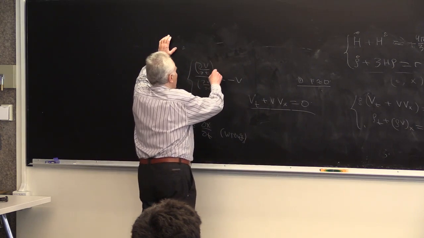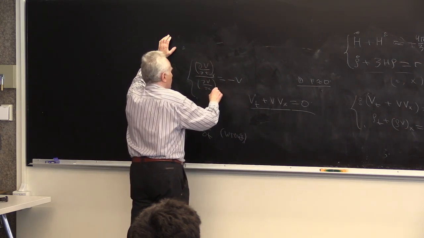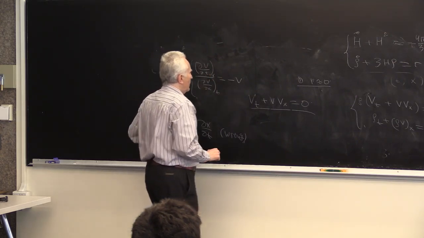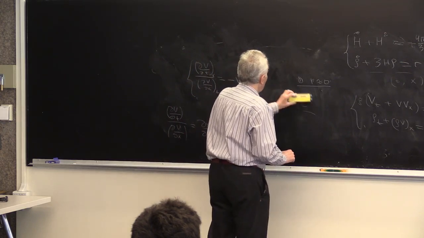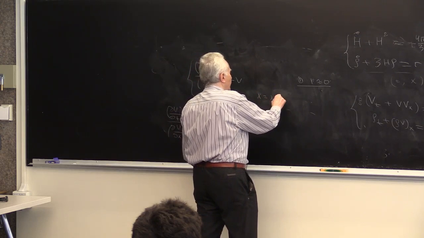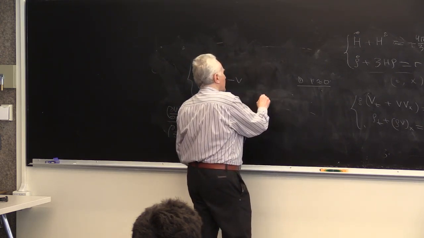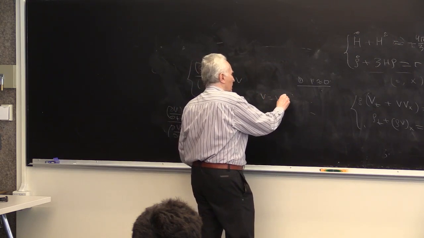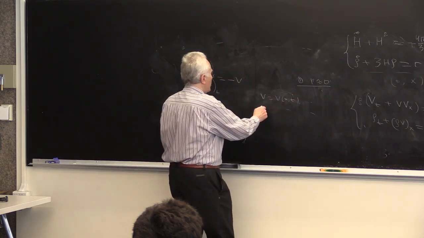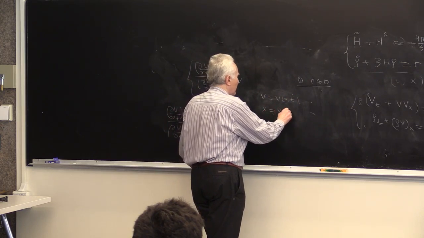Here we differentiated at constant x. Here we differentiated at constant t. So we have the function v of x and t, and we also can take x as a function of t and v. We can invert this equation and solve it for x.